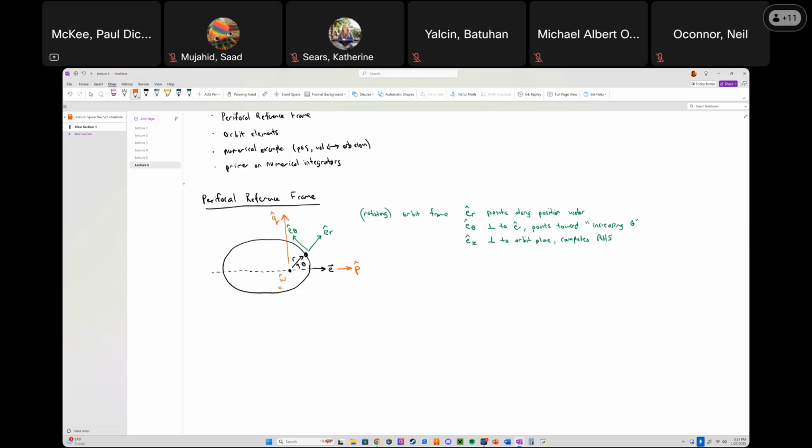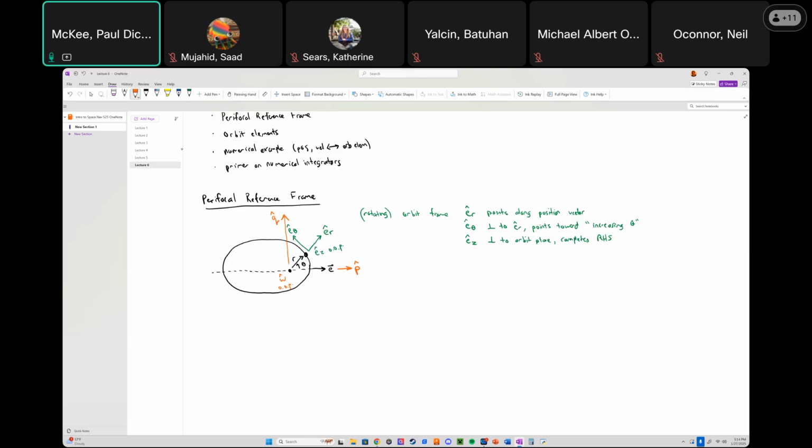So out of page. So I guess to be consistent, we should also show e_z is out of page. There we go. So this orange reference frame is specific to this orbit, right? There's nothing about the orange frame that is magical in the way that the ICRF frame is inertially fixed.